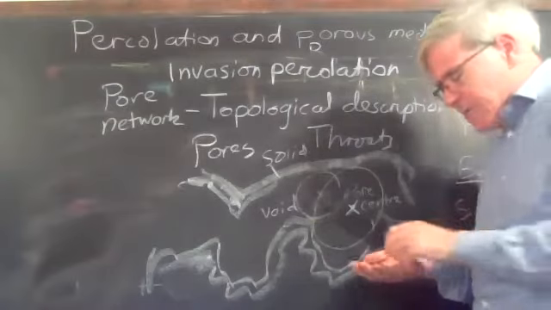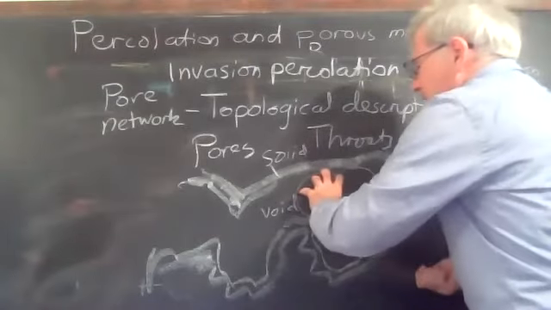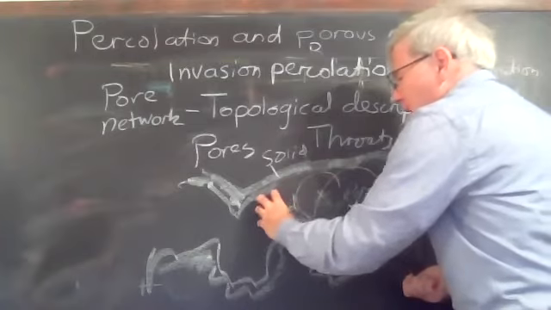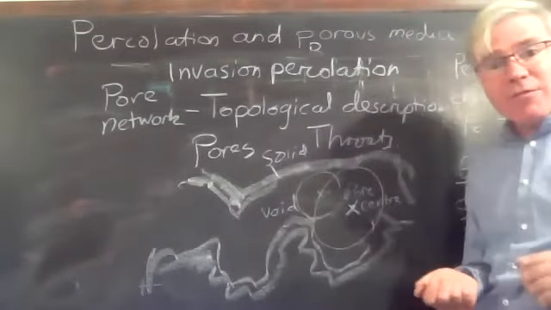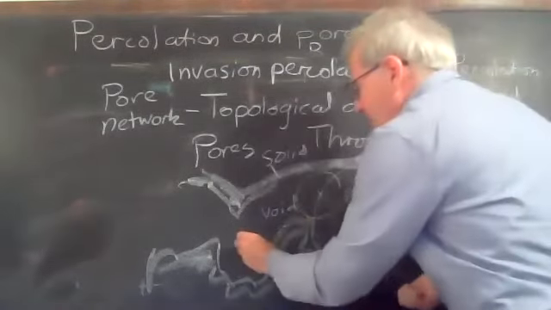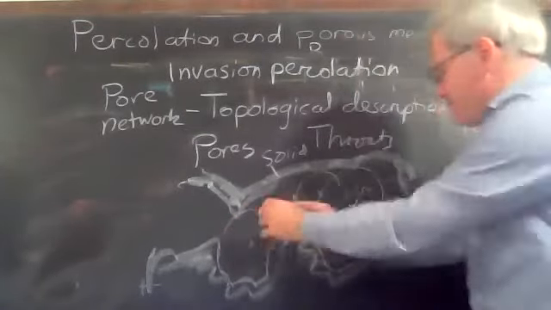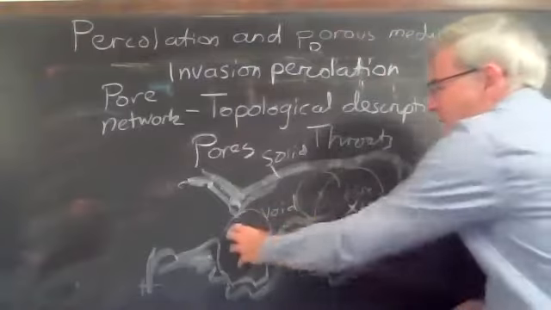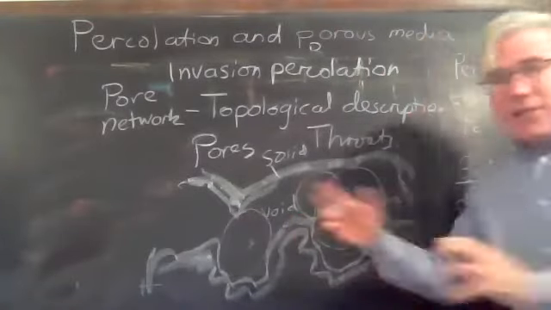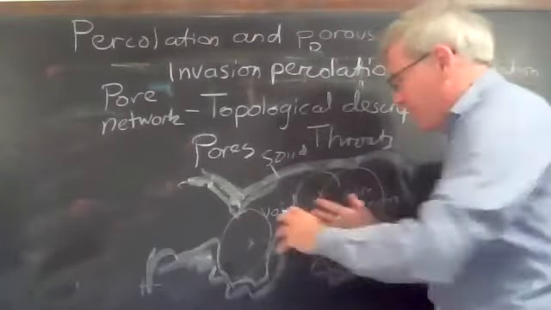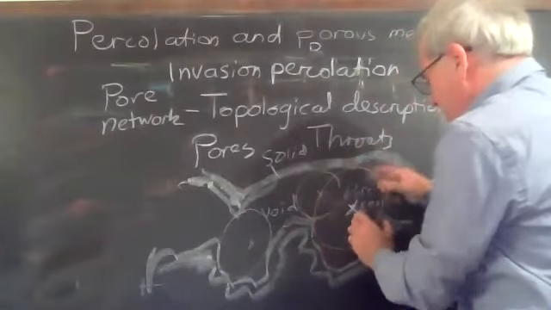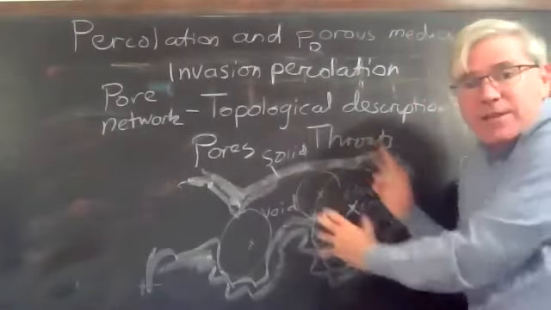But what you find is that these spheres can get smaller and smaller and then start getting bigger and bigger again. So you can have another pore here where locally it's the biggest sphere, and if I choose a neighboring point, all the spheres are smaller, okay?